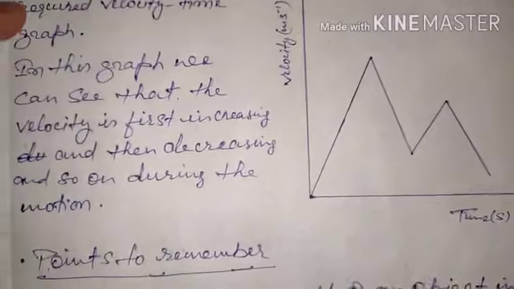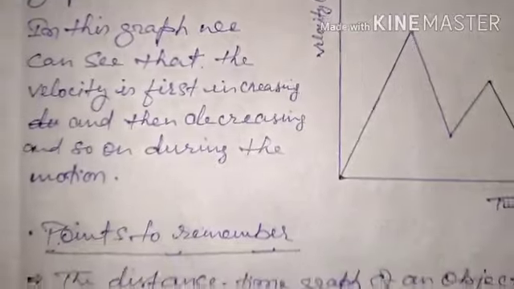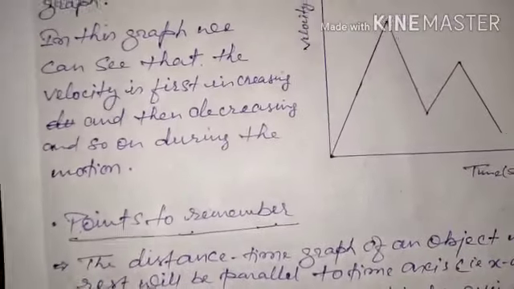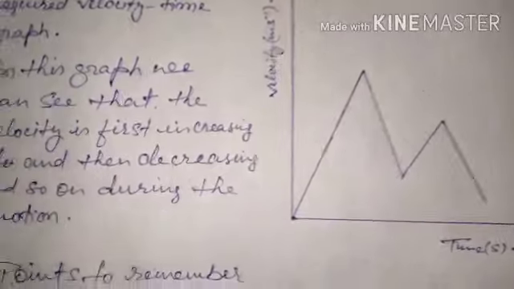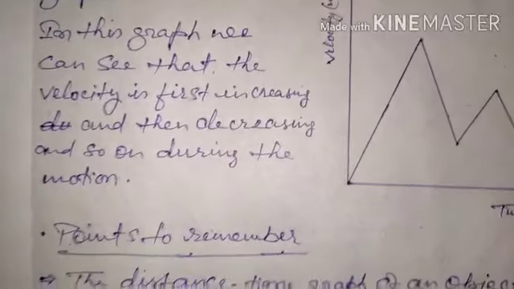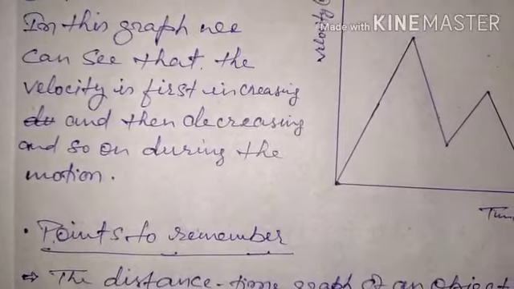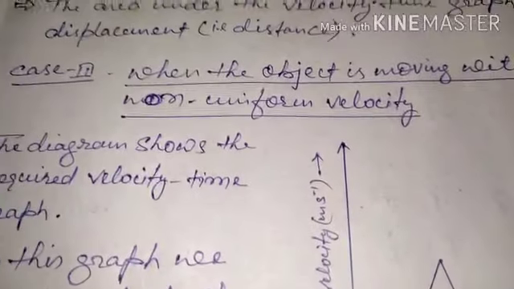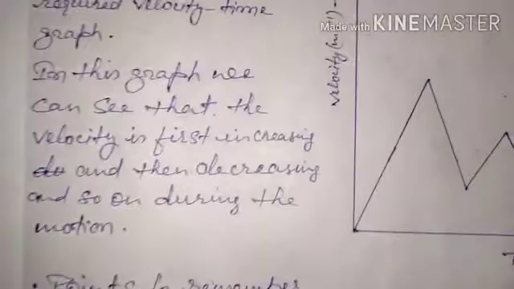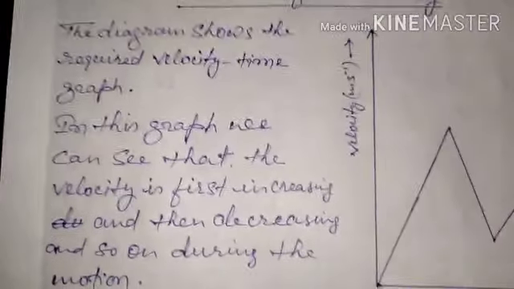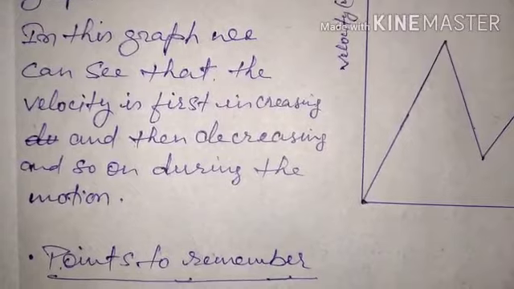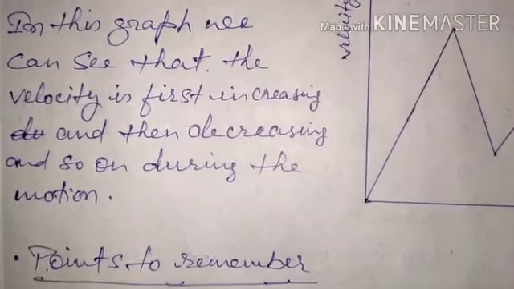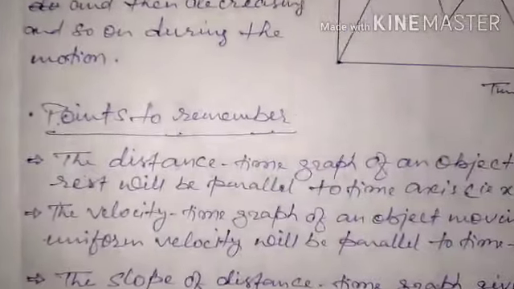It means its velocity is not constant, the magnitude is not increasing constantly, it is increasing in any way, it is decreasing in any way. So this is the case of non-uniform velocity. Okay, so the diagram shows the graph. In this graph we can see that the velocity is first increasing and then decreasing and so on during the motion.